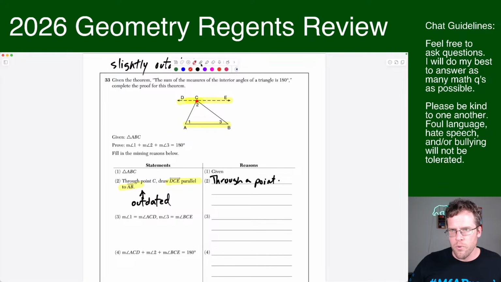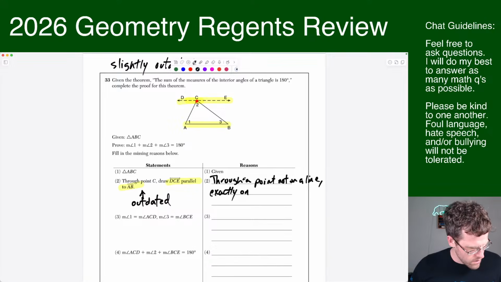Through a point not on a line, and then I'll explain what I'm about to write after. Through a point not on a line, exactly one parallel line can be drawn.